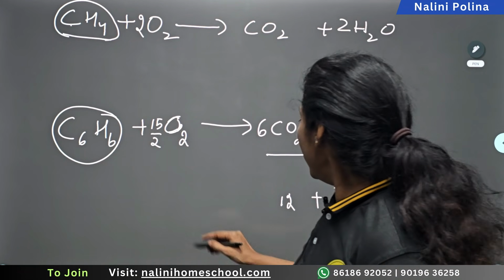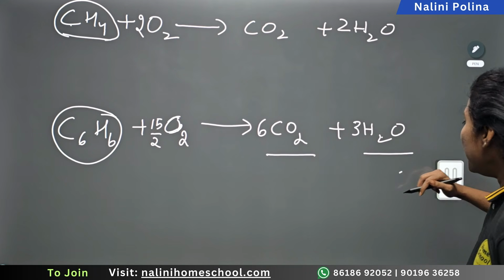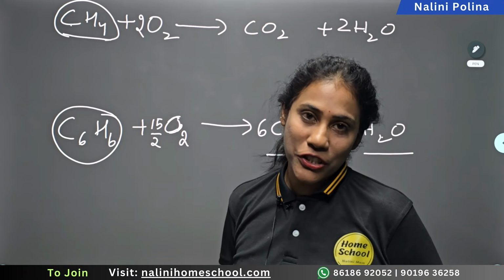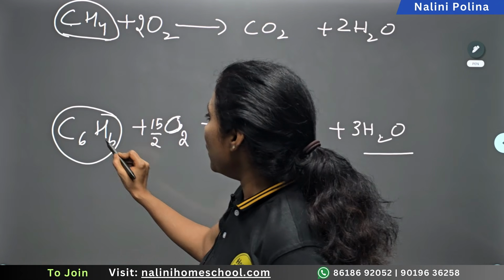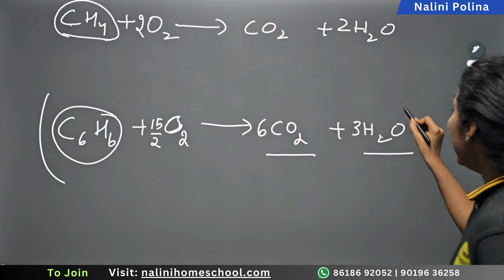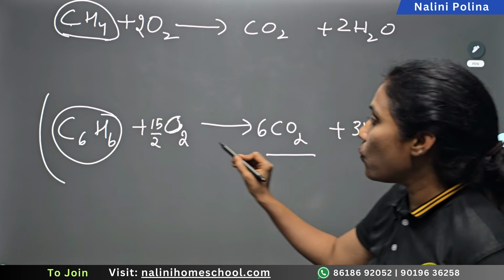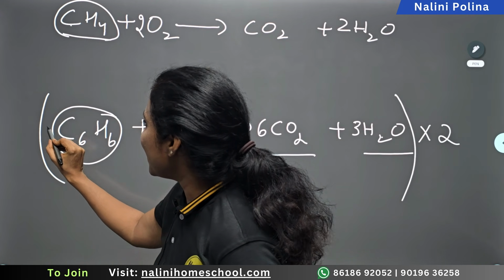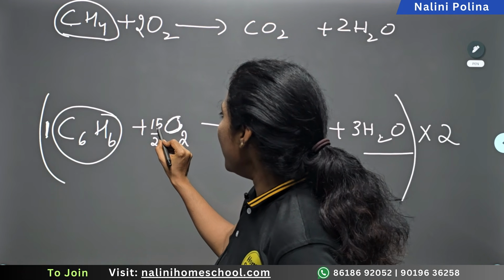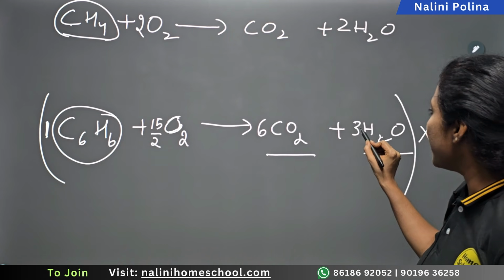And later, you should not keep this fraction in an equation. So to remove this fraction, I will multiply the entire equation by 2. Whatever numbers are there before the formulas, if nothing is there, it means 1. Here 15 by 2, here 6, here 3.